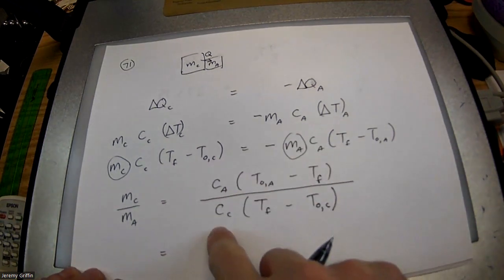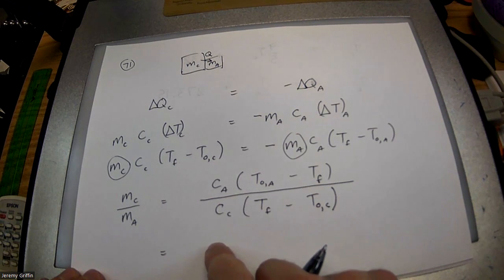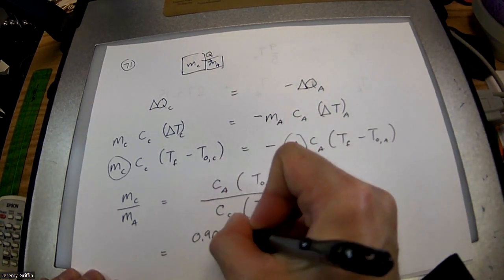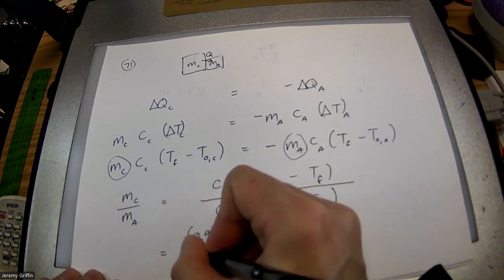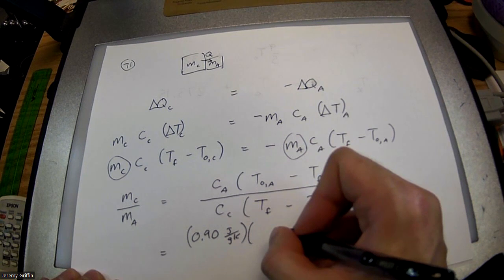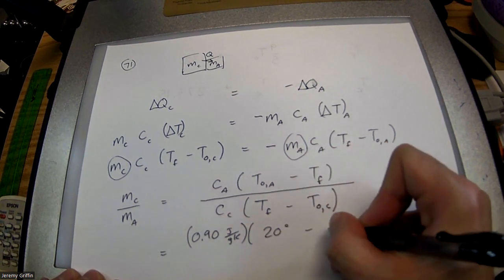So the specific heat capacity of the aluminum was 0.90 joules per gram Kelvin. The initial temperature of the aluminum was 20 degrees, and the final temperature was 60 degrees.